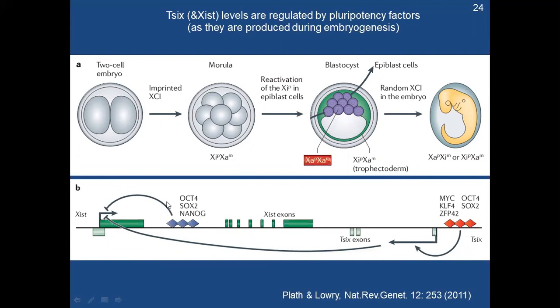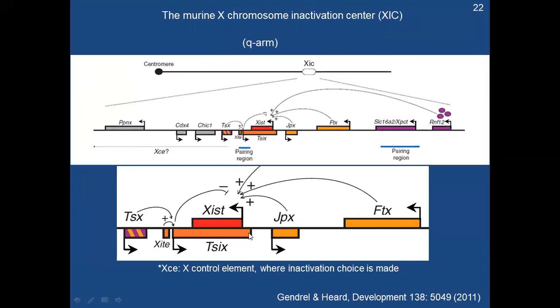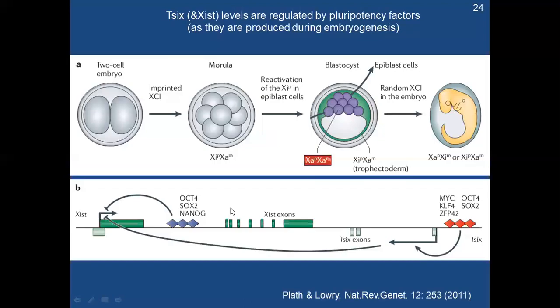They are transcriptional inhibitors of Xist. So if you have a lot of pluripotency proteins around, you are going to inhibit Xist transcription, but you are going to activate Tsix transcription. What will happen then? Tsix will be transcribed, Xist will not be transcribed, and you can't inactivate X chromosomes. Therefore, they are all active.